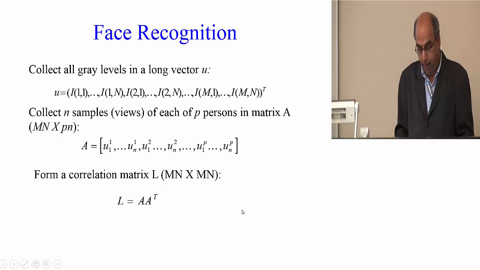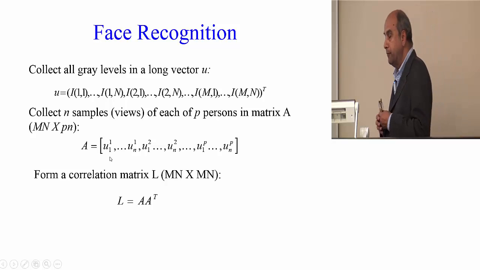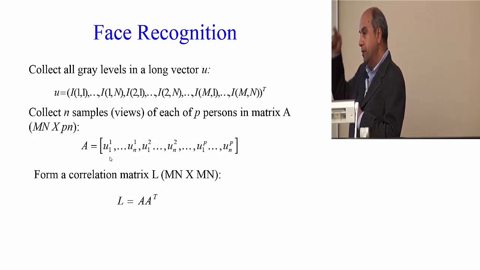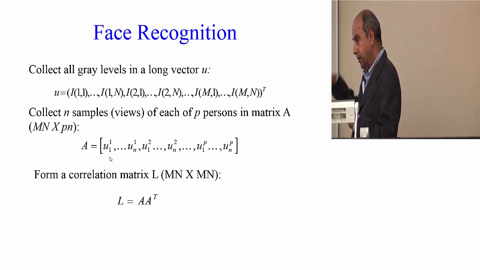So tell me, what will be the dimension of the L matrix? First is the dimension of the vector: we have 250,000 elements, so each vector is 250,000.